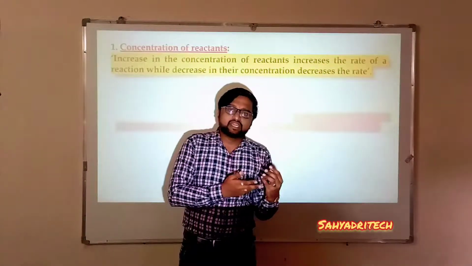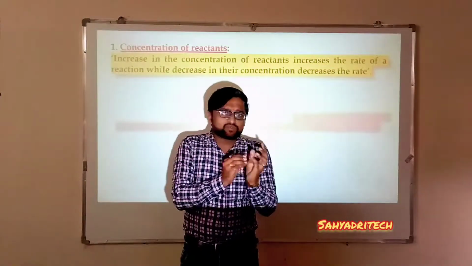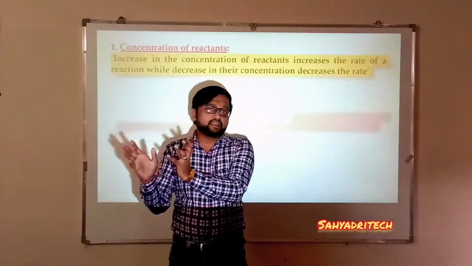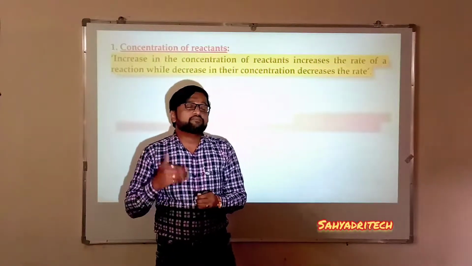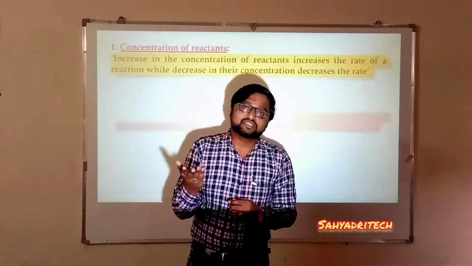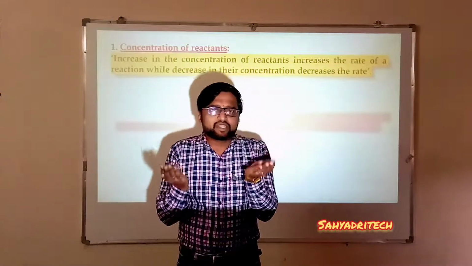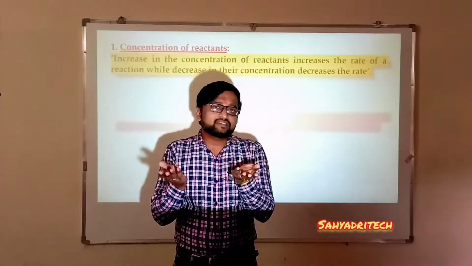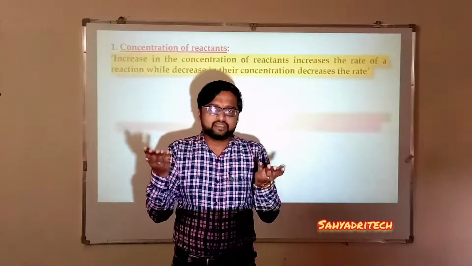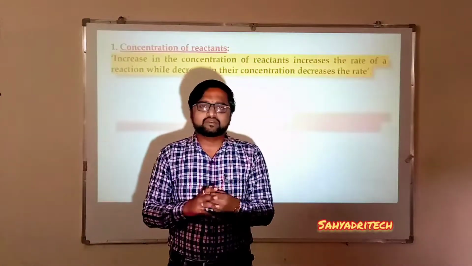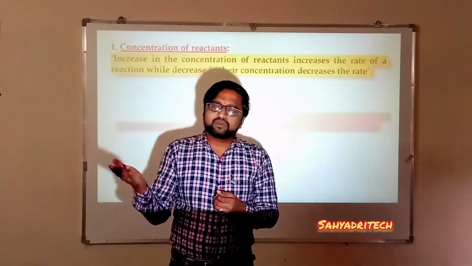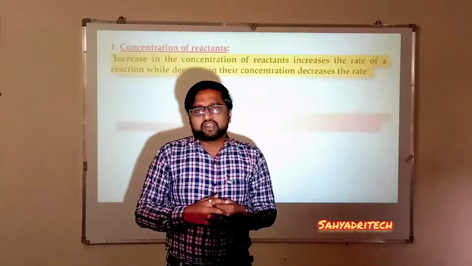When I consider 10, the number of collisions will be less. If I consider 100 reactant molecules, the number of collisions increases. So basically, what I'm talking about is the quantity of reactants, 10 molecules, 100 molecules. Where are the collisions more? In the case of 100 molecules.